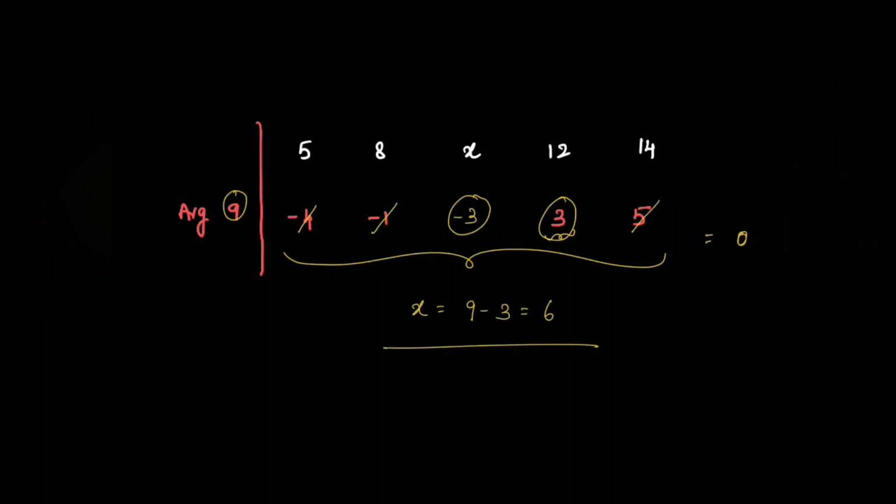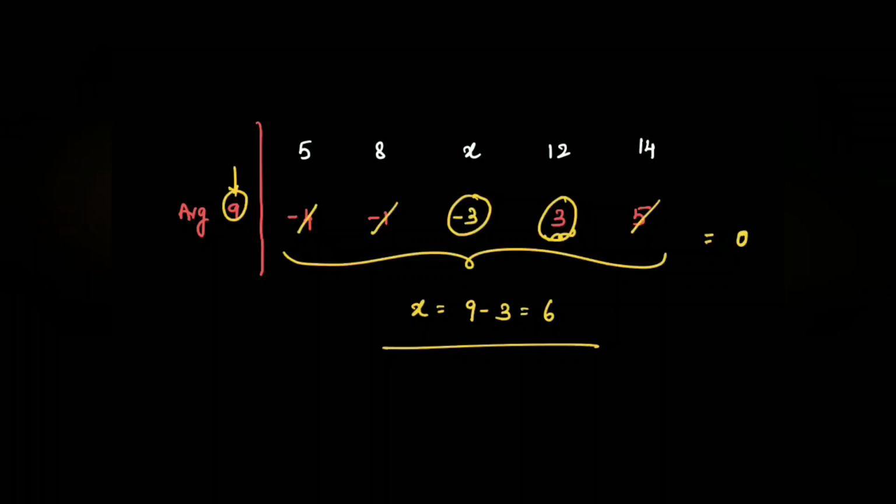Suppose you are left with minus 3, then you have to take plus 3. Suppose I am left with 0, then the average is nothing but the value of x. So if you are left with positive, you have to take negative. If you are left with negative, then you have to take positive. If you are left with nothing, then the average becomes the value of x.